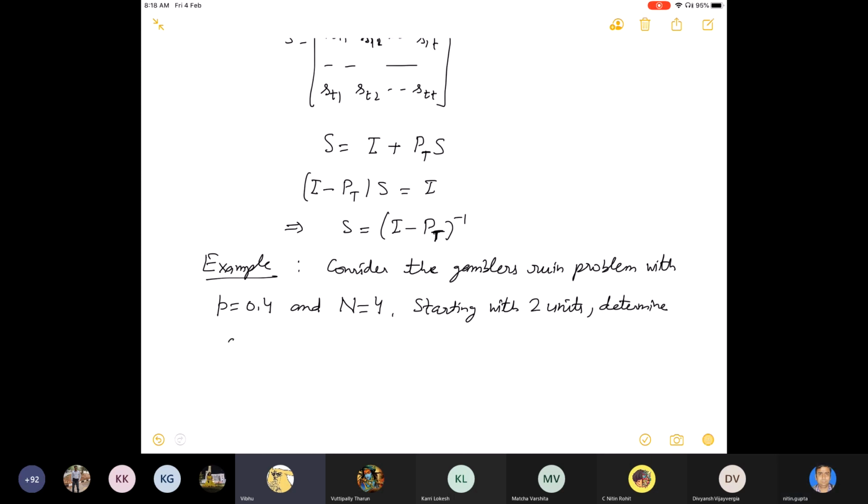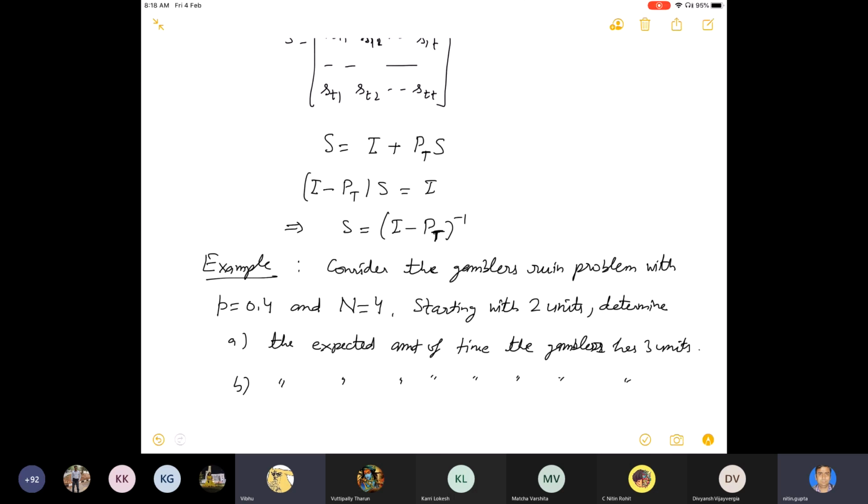Determine A, the expected amount of time the gambler has 3 units. B, the expected amount of time the gambler has 1 unit, starting with 2 units.